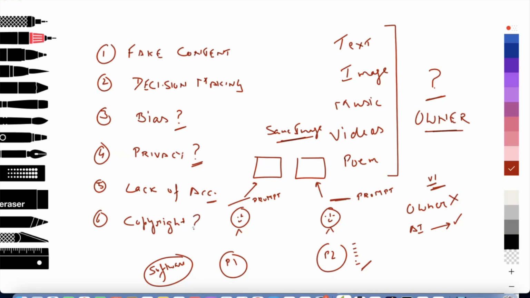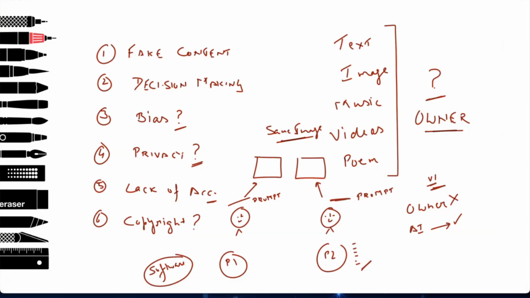Whatever data, now we say generative AI is to create data. Whether that data belongs to you or someone else is a big question at this point in time. So copyright issues are there, right? So these are some of the challenges which we have, right?